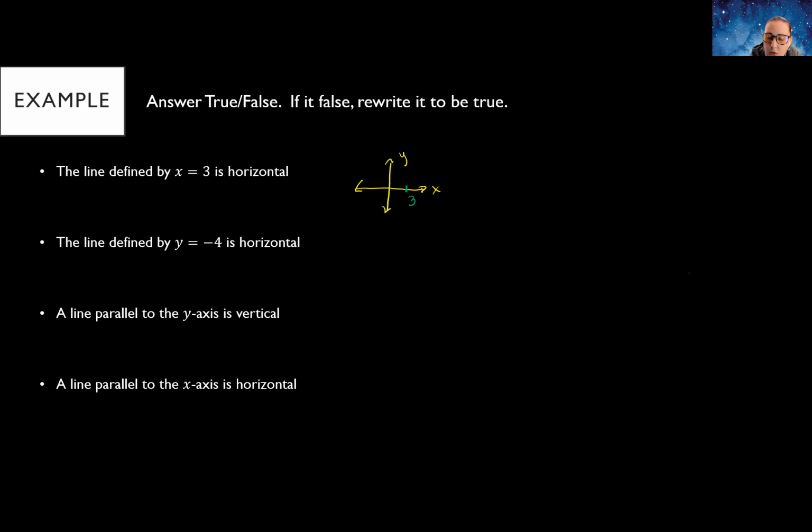A horizontal or vertical line only goes through one axis, so I have to have a vertical line here. So this is not horizontal. This is false. This is vertical.